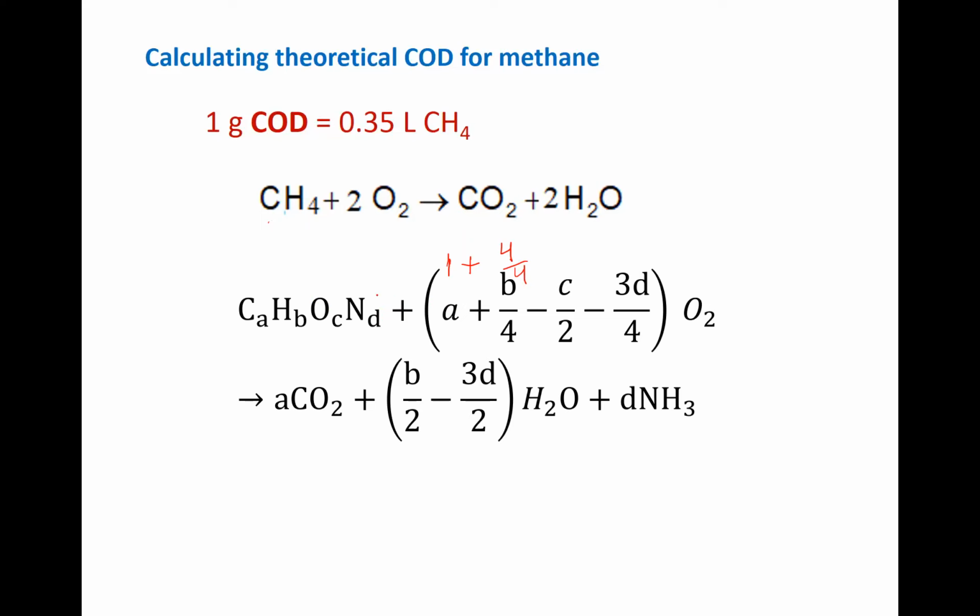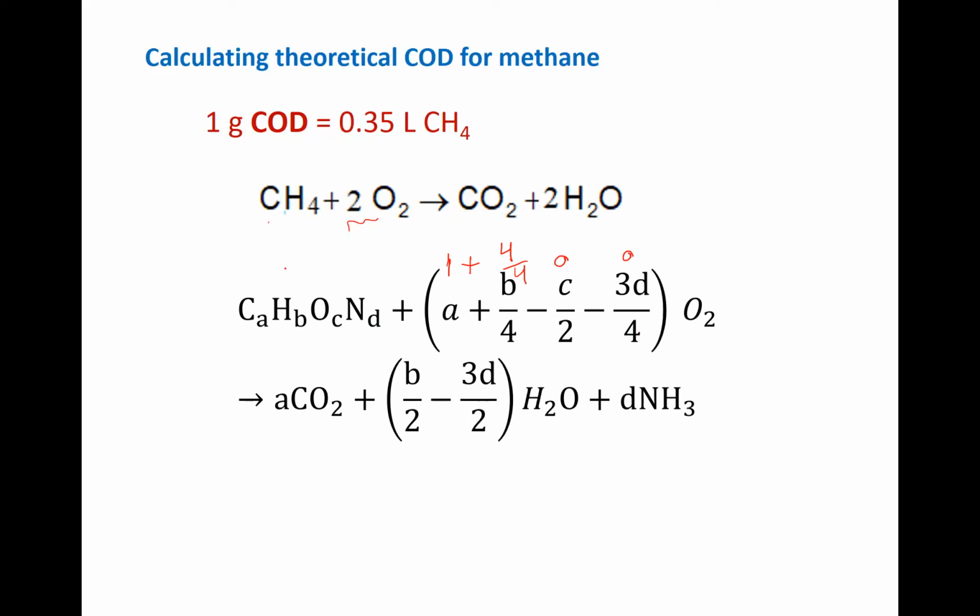I don't have c. There is no oxygen in methane, of course, so this term will be 0, and I don't have nitrogen in methane, so this term is 0. So basically, this ends up being 2. This is correct, right? 1 plus 1, 4 divided by 4 is 1. So you have 2 moles of oxygen here. So basically, the left-hand side is balanced.